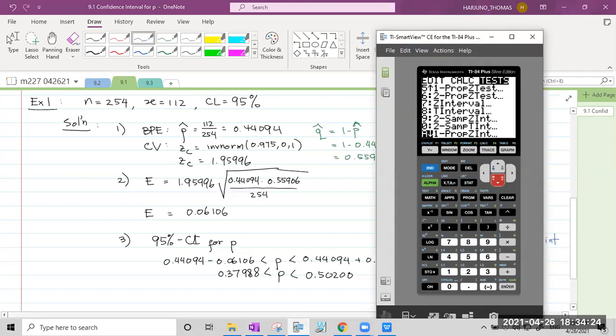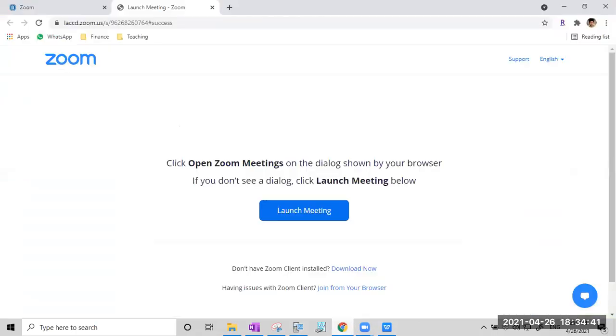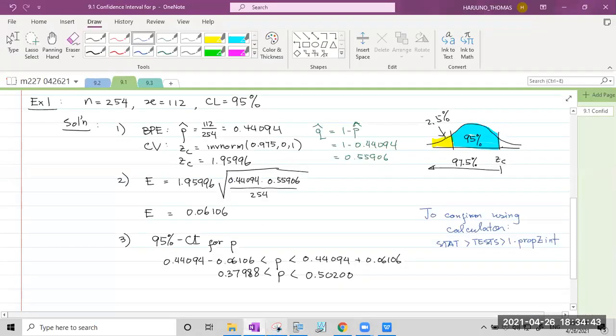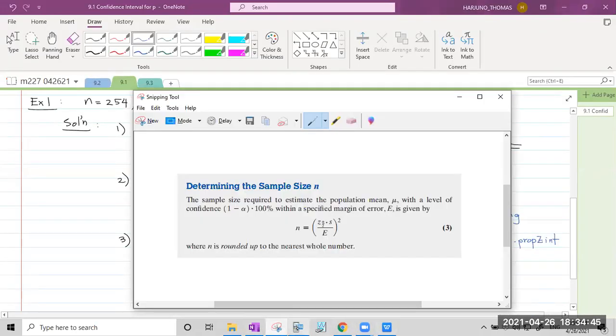One proportion z interval. Then they will ask you how many elements of that sample have this characteristic, what is the sample size, and what is the confidence level.